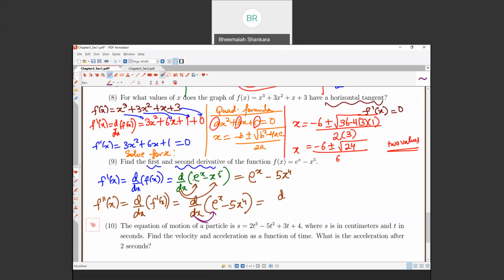So let me write the derivative directly. The derivative of e to the x is e to the x. The derivative of 5x to the 4 is 20x to the 3 using the power rule. And this is your second derivative. So let me specifically say this is your first derivative, and this is your second derivative.